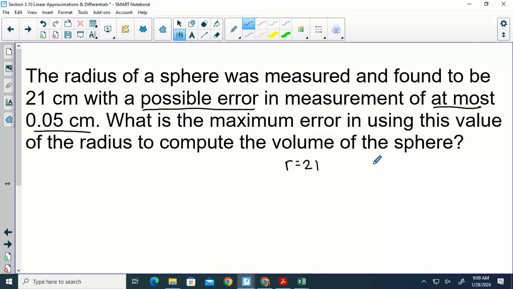So my radius is 21, but we know we're probably not 100% on that. So when I talk about error, that's like how much it could be off. That's like our change in r, or we could call it dr, because we know they're going to be the same. So my change in r is at most 0.05.